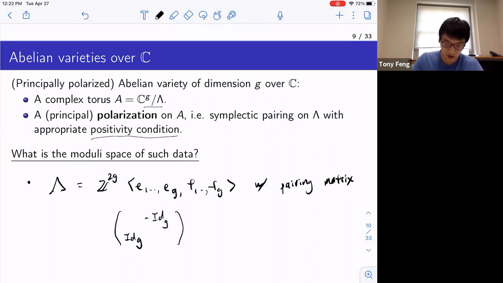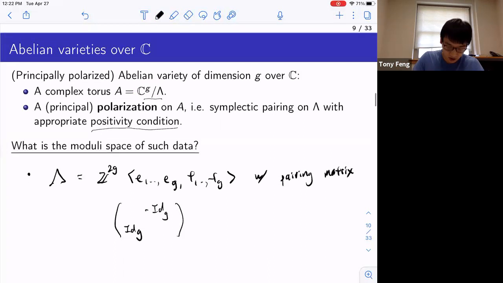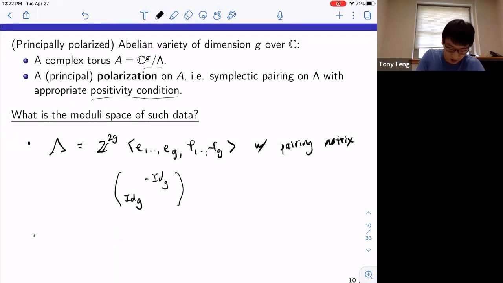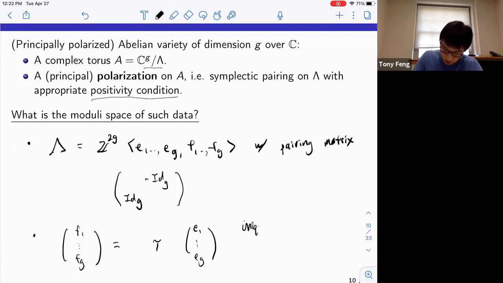And then we can start asking ourselves what the moduli of ways to embed this into a g-dimensional complex vector space is. If you want this to work, then you have two different bases: the f vectors will form a basis of this g-dimensional complex vector space, and so will the e vectors. So they're related by a unique g by g matrix.